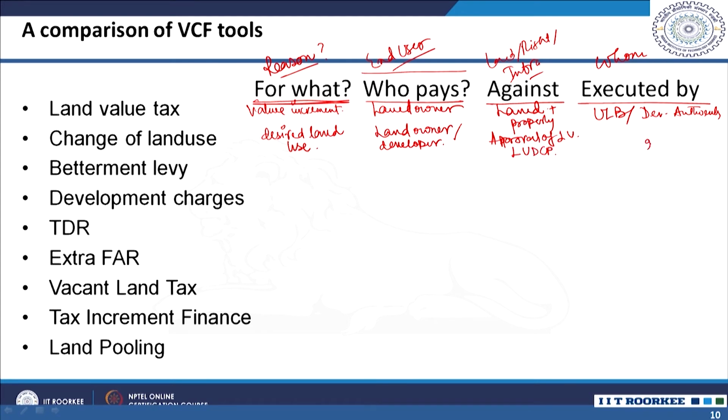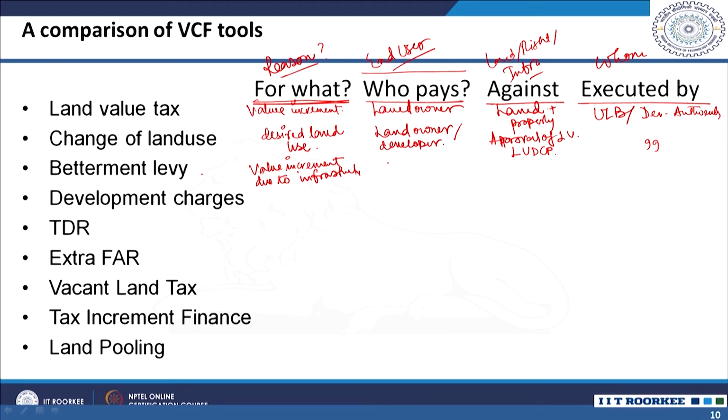It is also executed by the urban local bodies or development authority. Then the betterment levy is levied or charged due to the value increment due to some infrastructure.